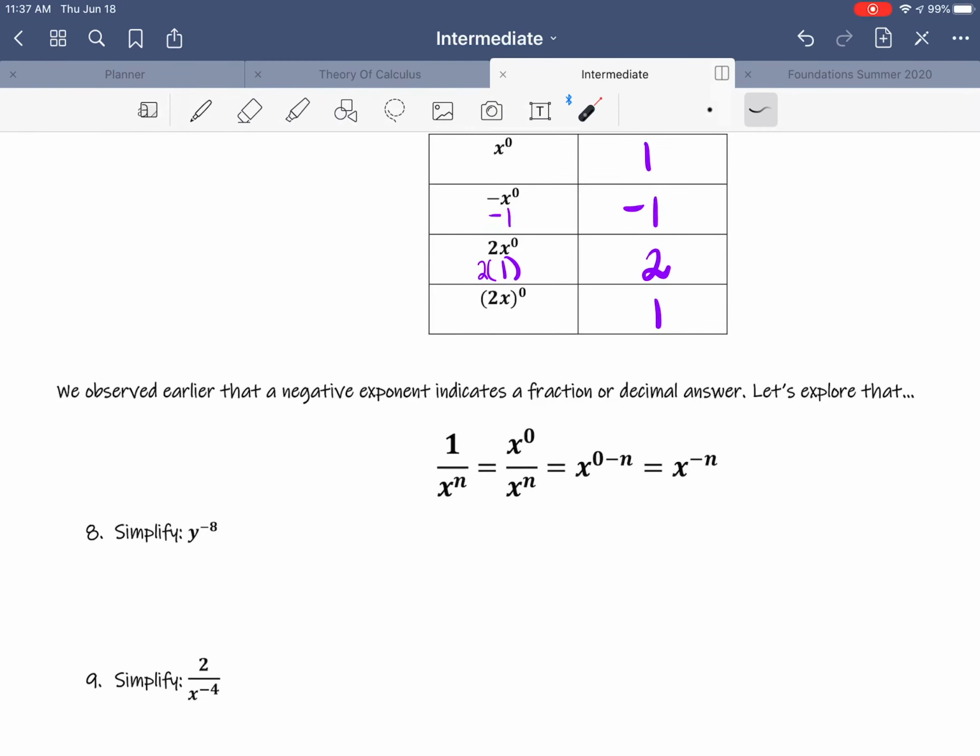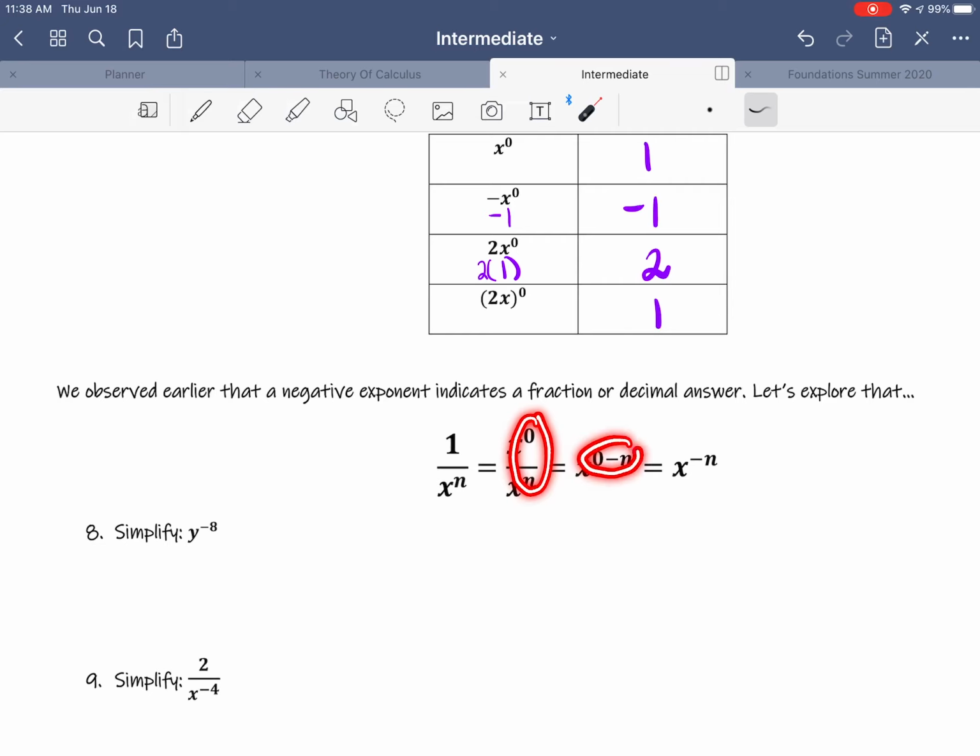We're going to use the zero power to help us discover the negative exponents. So we did talk about on the previous page that a negative exponent indicates a fraction or a decimal, not the sign of the number. So if we start with 1 over x to the n, we do know that 1 is the same as x to the 0, because I want to use the same base.